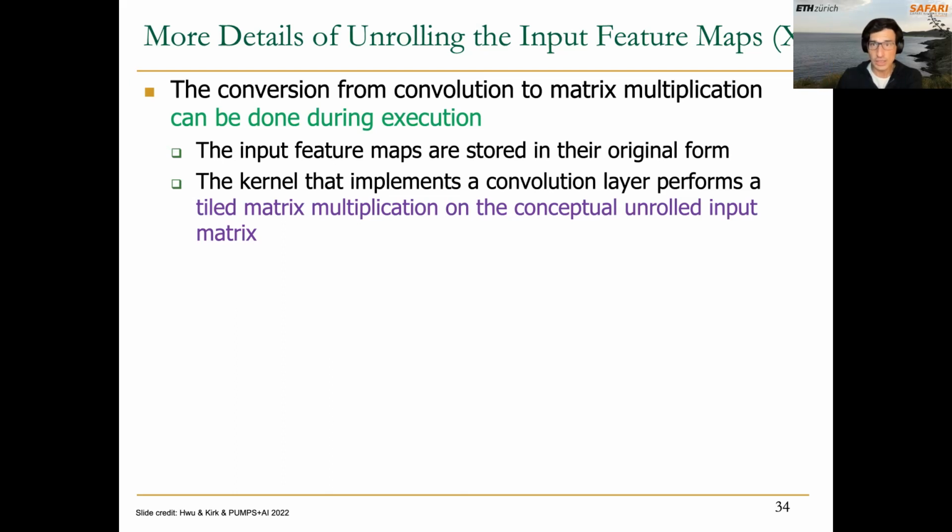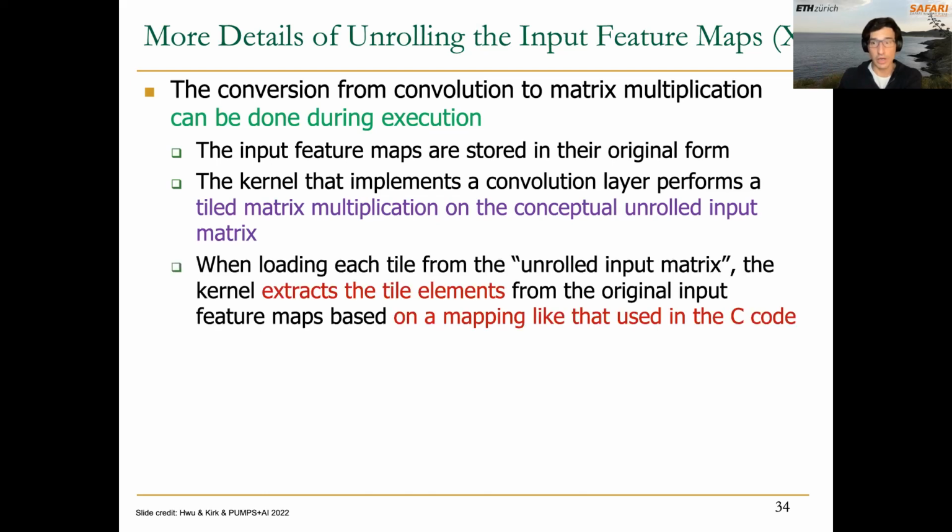It accesses the input feature maps as they are originally stored, using similar addressing to the one we have seen in the previous unroll function that we explained, but performing these accesses on the fly.